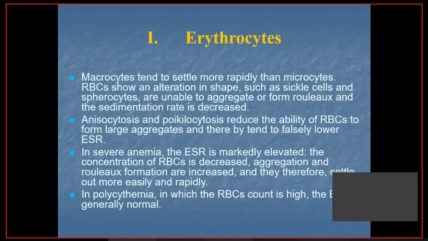And what does it mean? The concentration of red blood cells is decreased in the sense that they were already formed as rouleaux and were under degradation. So they are not available for carrying oxygen from the lungs to the tissues, or carbon dioxide from the tissues to the lungs. That's why it forms rouleaux and shows more sedimentation.